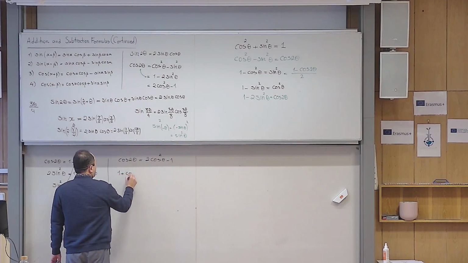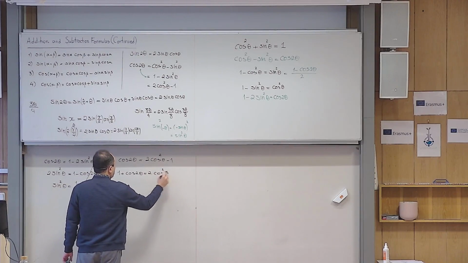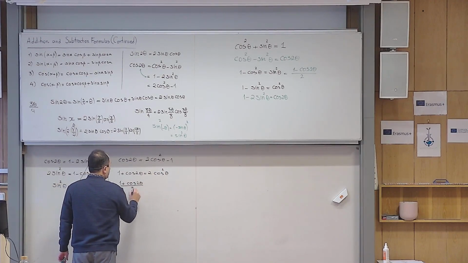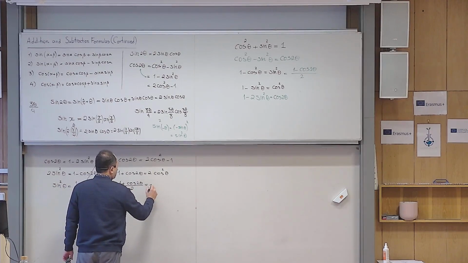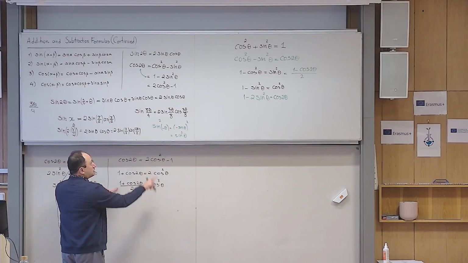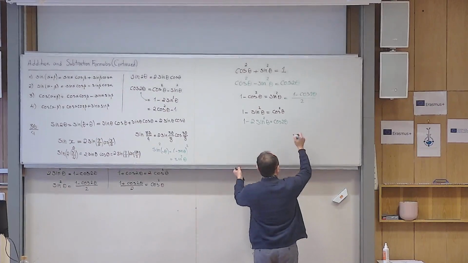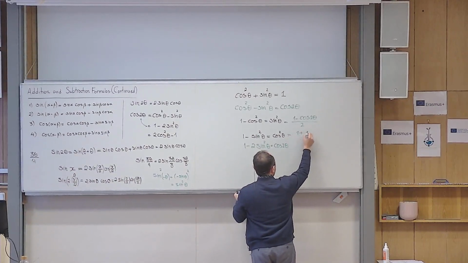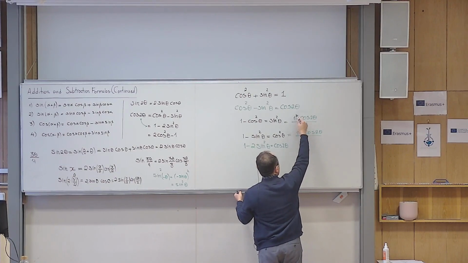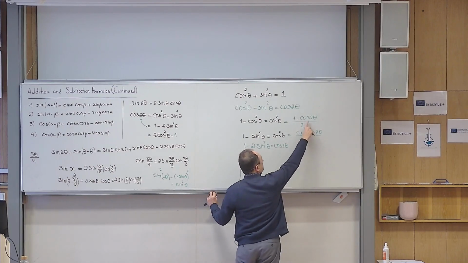It becomes positive 1. And let me divide by 2, yes? So this becomes 1 plus cosine 2 theta divided by 2. This is what I want to move in front of the other one. They are very similar, you see? Both of them are related to cosine 2 theta.